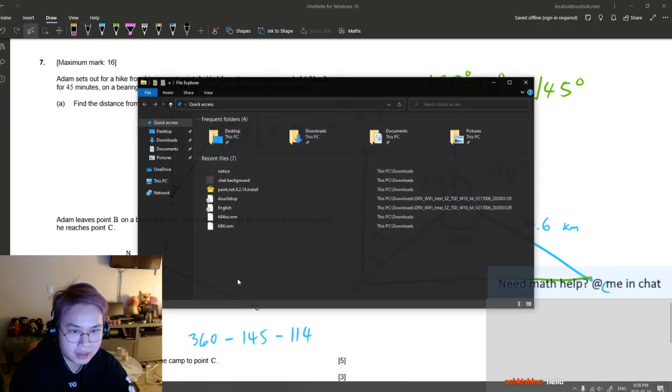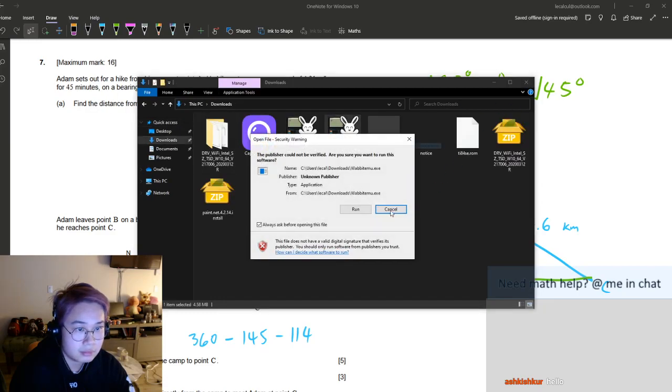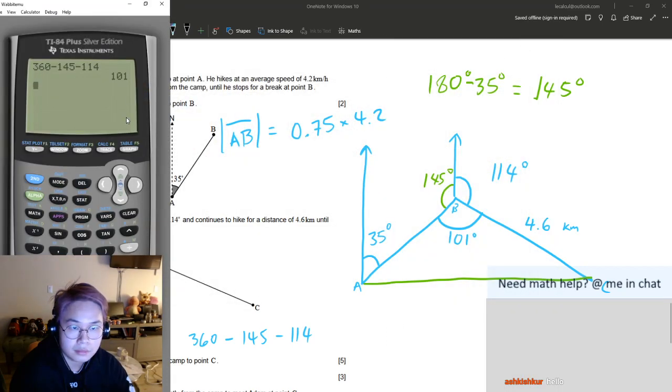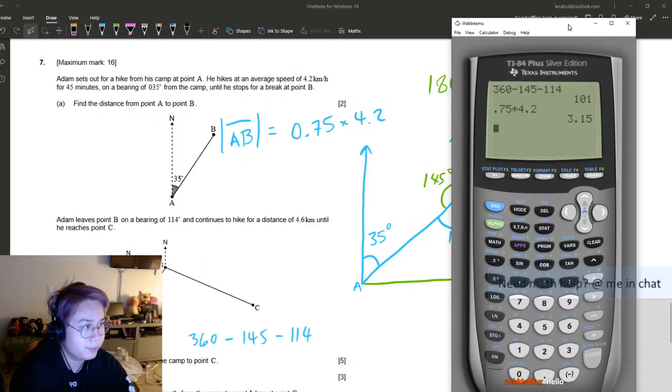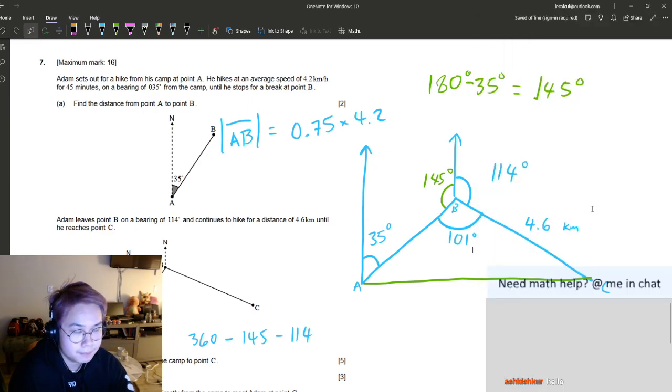Oh, I closed my calculator. All right, 0.75 times 4.2. 3.15. So this is 3.15 kilometers.